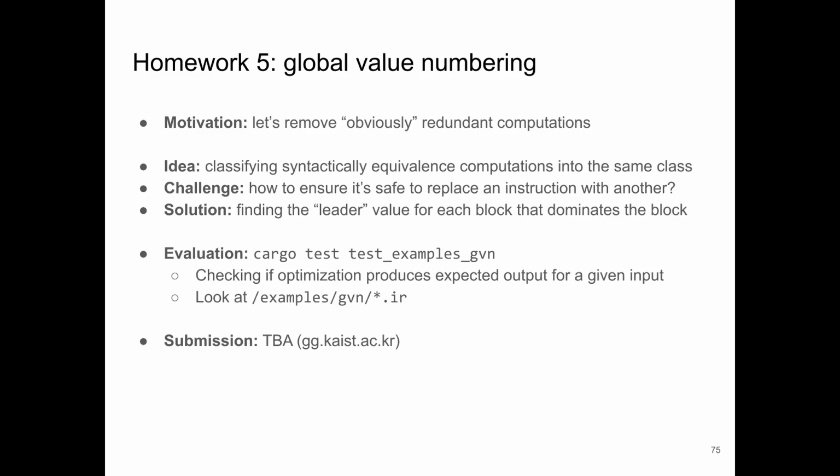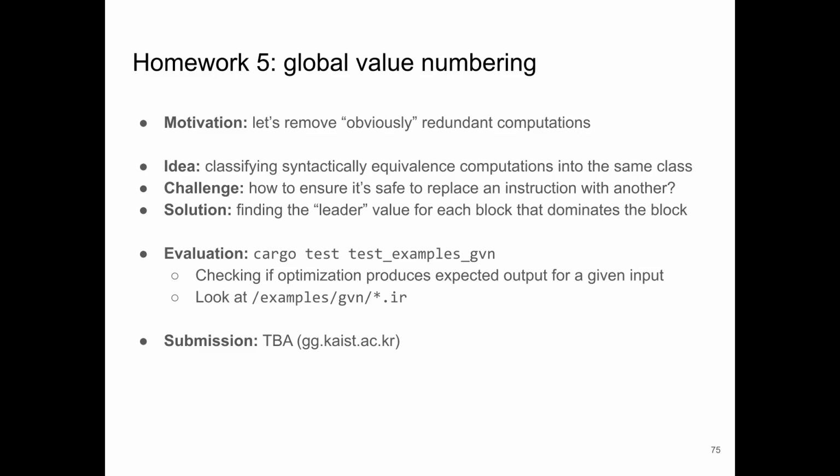That's why this optimization is called value numbering. It is called global value numbering because we look at all the blocks in the same function at the same time. Local value numbering, on the other hand, looks at only one block, but global value numbering looks at all the instructions inside a function. So that's the difference.